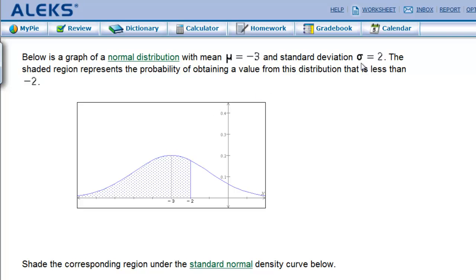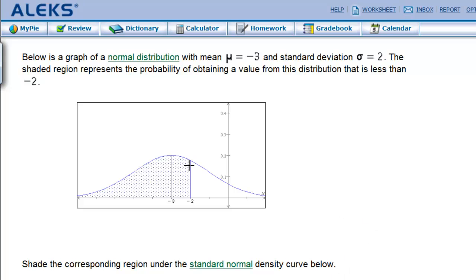And the standard deviation is 2. So from negative 3 up to negative 2 is half a standard deviation because it's only gone up by 1. The shaded region represents the probability of obtaining a value from this distribution that is less than negative 2. Shade the corresponding region under the standard normal density curve below.